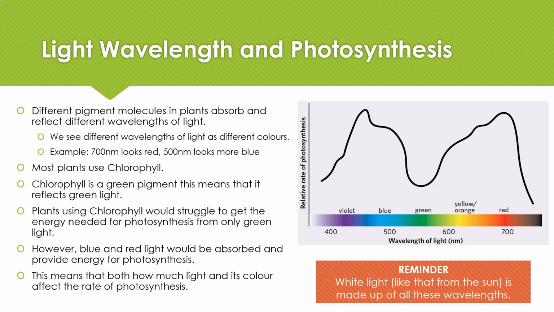Now, most plants use chlorophyll to help them there. And with chlorophyll, what it really likes is the blue end of the spectrum and the red end of the spectrum. It will absorb those wavelengths of light quite a lot. Green, it doesn't absorb. In fact, it reflects green light, which is why we see plants that use chlorophyll as green, because they're reflecting green light.